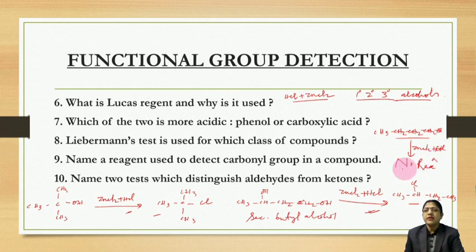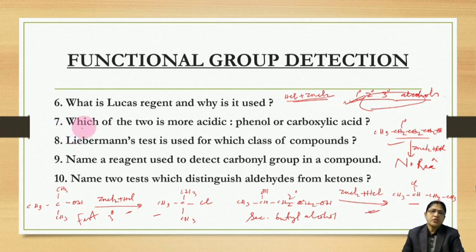So in this way, this is primary, this is secondary, this is tertiary. These alcohols can be differentiated using the Lucas test or Lucas reagent, that is an equimolar mixture of HCl and ZnCl2, right?